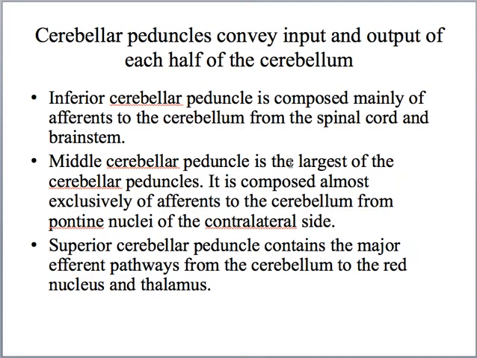Again, in terms of the information carried by the cerebellar peduncles, the inferior is composed mainly of afferents to the cerebellum, coming in from the spinal cord as well as the brainstem. The middle cerebellar peduncle, which I said earlier is the largest, is composed almost exclusively of afferents coming to the cerebellum from nuclei within the pons called pontine nuclei.